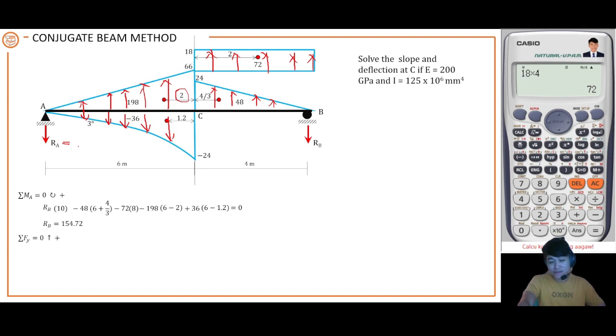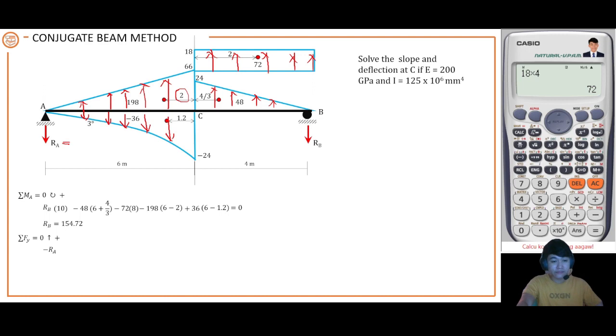So let's sum forces vertical. So you have negative RA. RB is a downward force, since as we sum forces it yields a positive value, and obviously that will be a downward force because most of your forces are going upward.